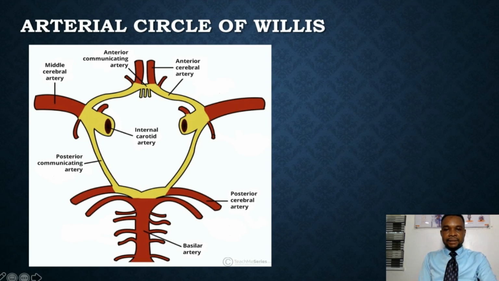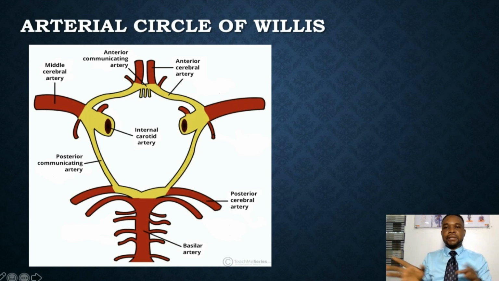From the basilar artery, we have the posterior cerebral artery, the posterior communicating artery, the anterior cerebral artery, the anterior communicating artery, the middle cerebral artery, and then together with the internal carotid artery, you can see the cycle that is being formed to supply blood to the brain.